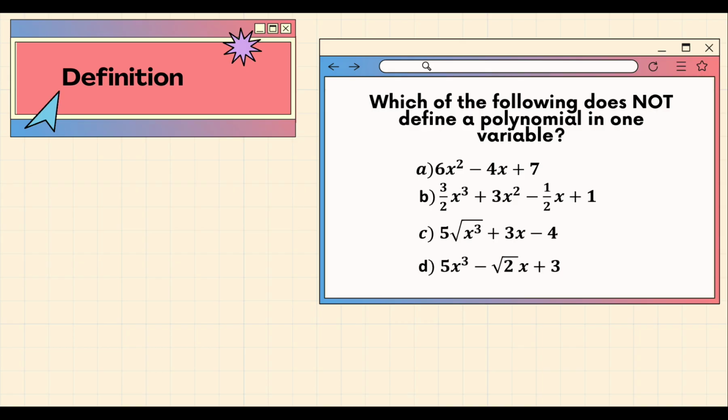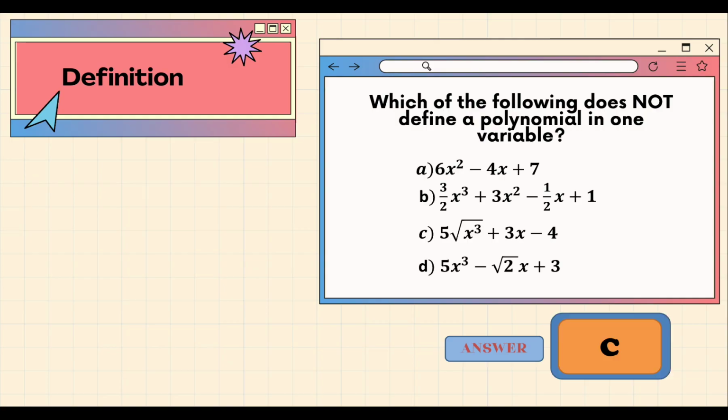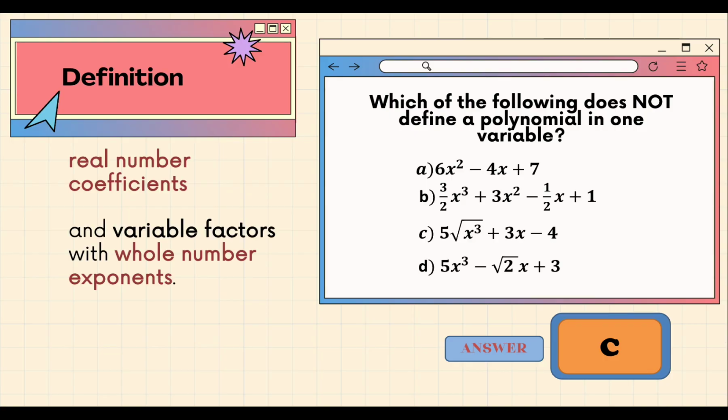Which of the following does not define a polynomial in one variable? Again, we have items A to D, and if we are going to check, all of them involve one variable. So what could be the answer? And the answer is letter C. Why is letter C not a polynomial? Let's check again the definition.